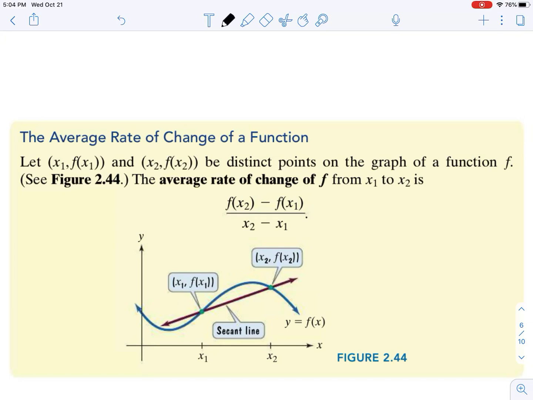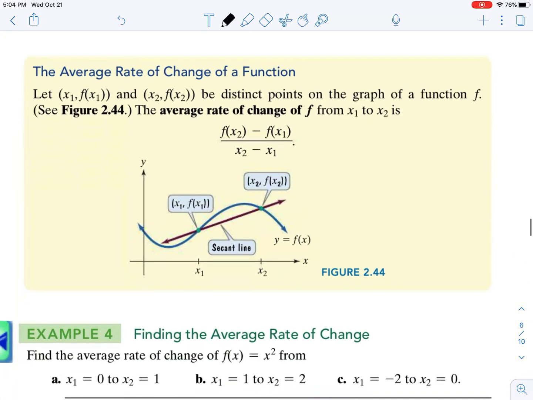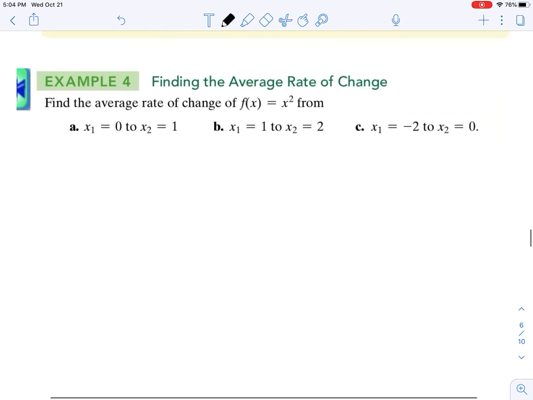With the second value of your x, x2, you plug that value into the function and you get your f of x2. Subtract the answers, f of x2 minus f of x1, over your original x values, x2 minus x1, and that ratio will give you your average rate of change of the function, aka your slope. Let's look at an example.